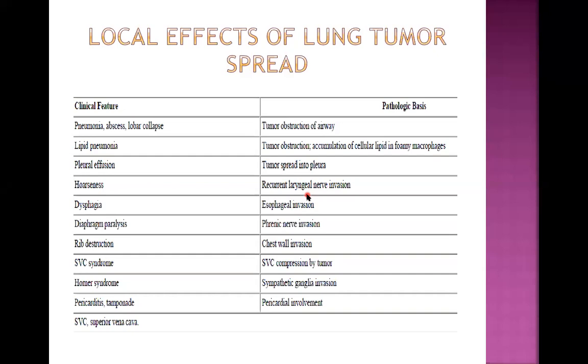There are two recurrent laryngeal nerves, right and left. On the left side, it encircles the arch of the aorta and then goes upward to supply the larynx. On the right side, it encircles the subclavian artery and then goes upward. That's why it is called recurrent laryngeal nerve. It can be easily damaged by the malignancy and local spread of the malignancy.